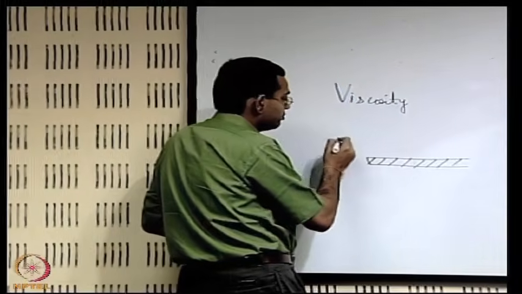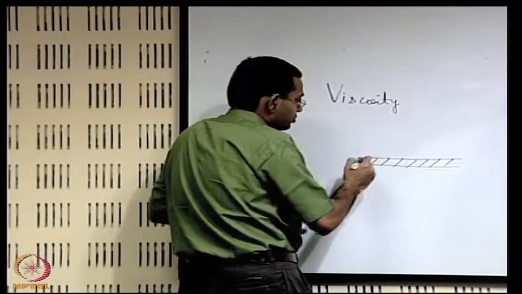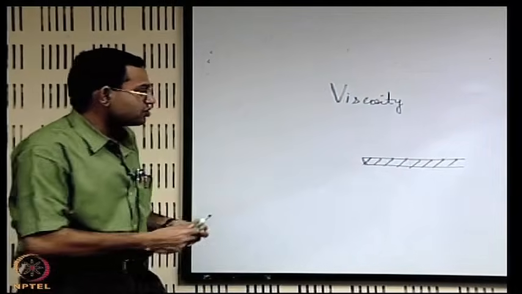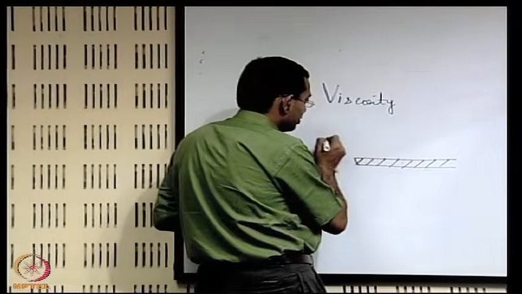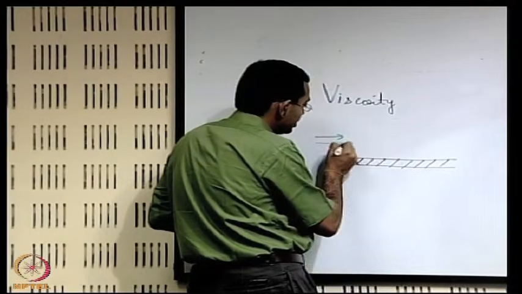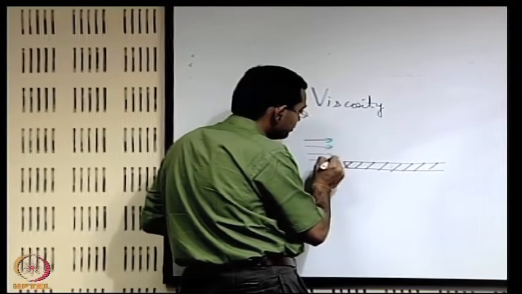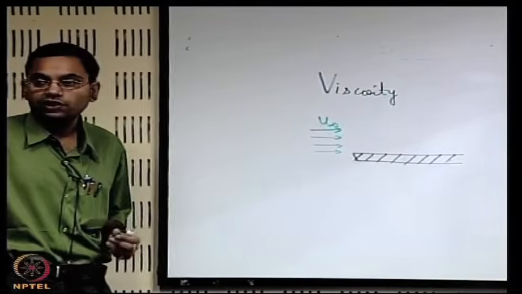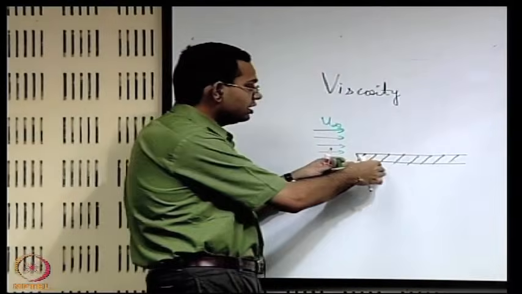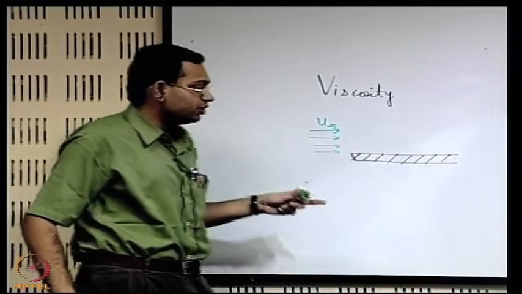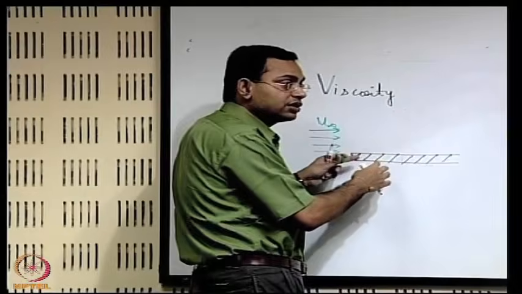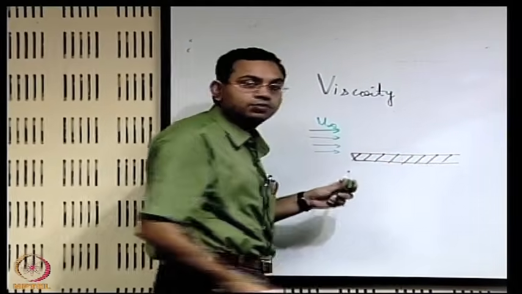So, when we see the consequence, we have by this time understood that if the solid boundary is stationary, then a fluid coming from a far stream with a uniform velocity, say u infinity, and encountering the solid boundary, will first have a disturbance imposed by the solid boundary.